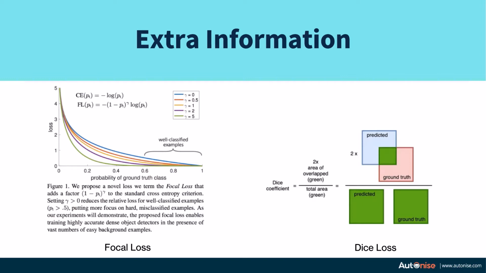To get a continuous value, you can have this kind of loss, which is called the dice loss. In the dice loss, in the numerator, you have the intersection area of the bounding boxes divided by the union, or the combined area, of the predicted as well as the ground truth.